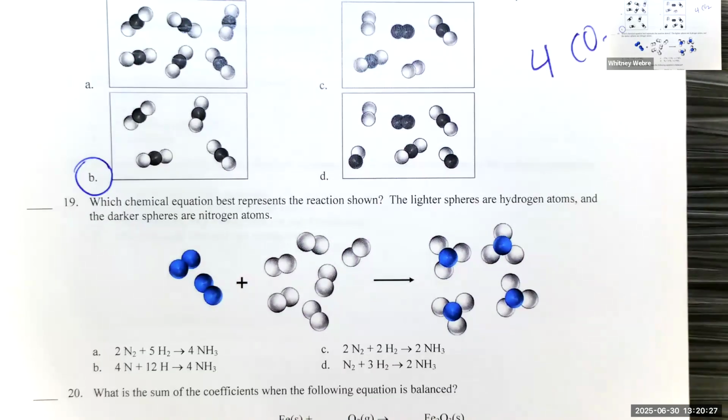All right, so it looks like it's 2 N2, 1, 2, 3, 4, and 6 H2.